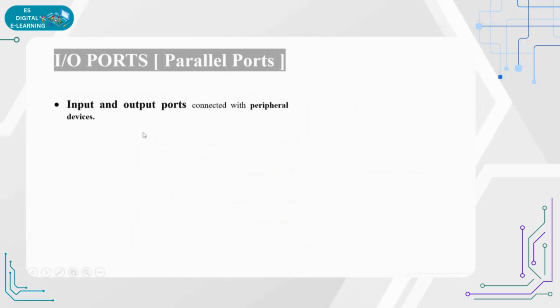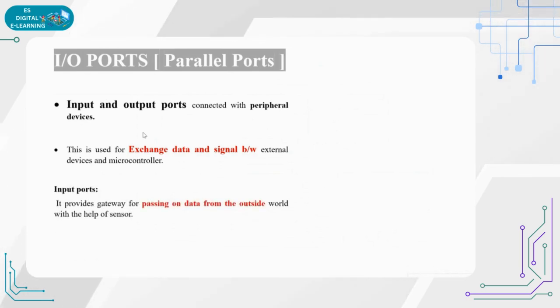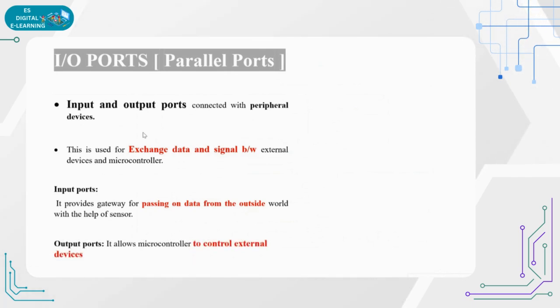IO ports are the parallel ports, input and output ports, which are used for connecting additional devices. With the help of that, you are able to exchange the data and signal information. Input ports are where we take data from outside, from a sensor or switches.